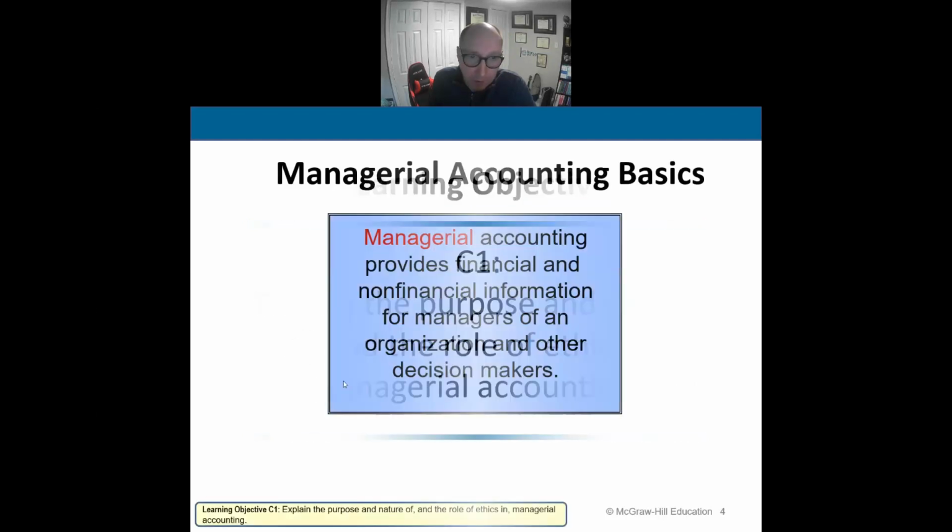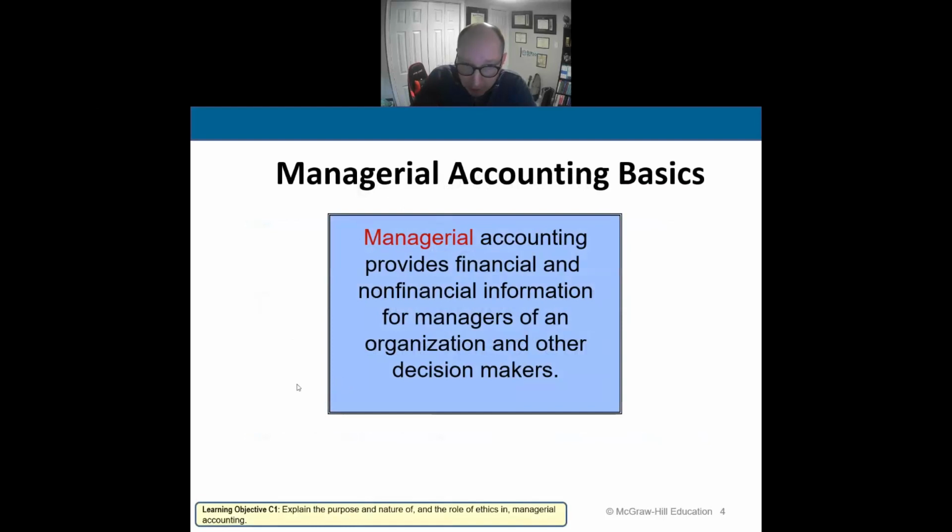So let's talk about what is managerial accounting. We take financial and non-financial information to make decisions. We look at the income statement, balance sheet, statement of cash flow, statement of retained earnings, and we make decisions based off of those financial statements. We also take non-financial information like customer feedback from surveys, customer satisfaction ratings, feedback from employees.